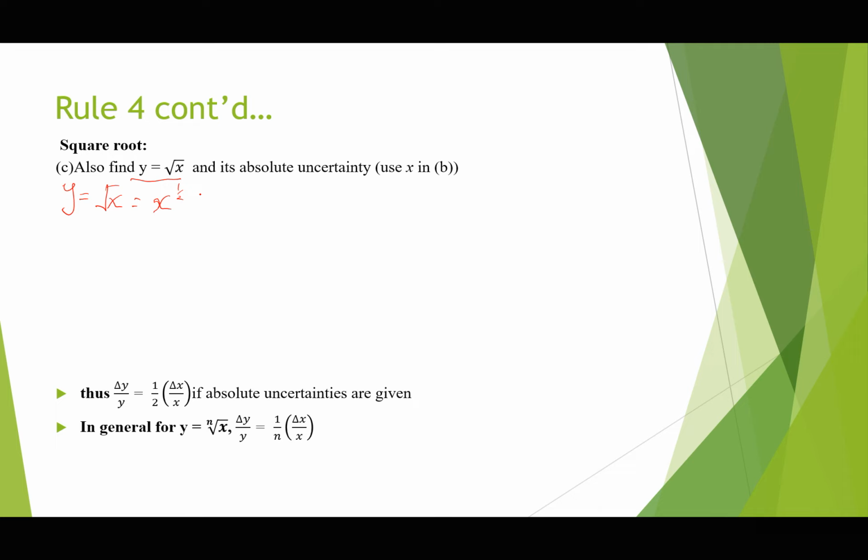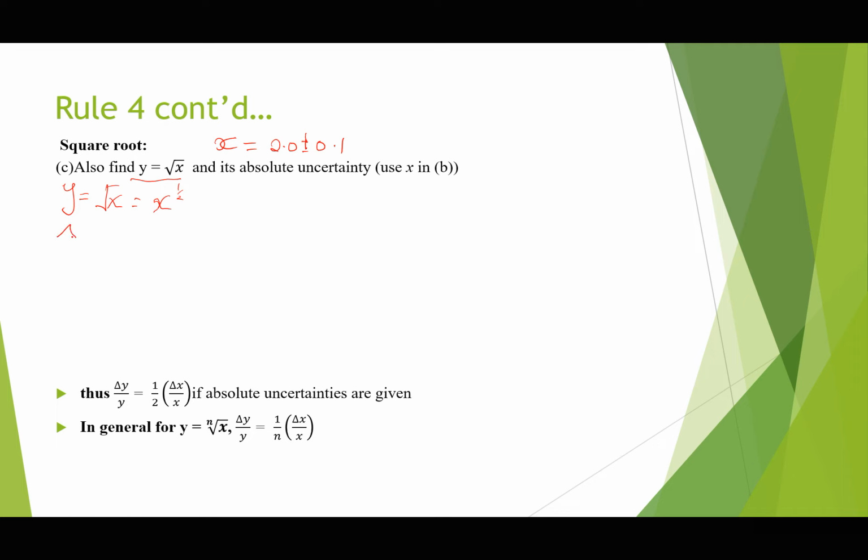We multiply the power by the fractional uncertainty or the percentage uncertainty. Therefore, let's use the previous value of x: x was equal to 2.0 plus or minus 0.1, ignoring the unit.